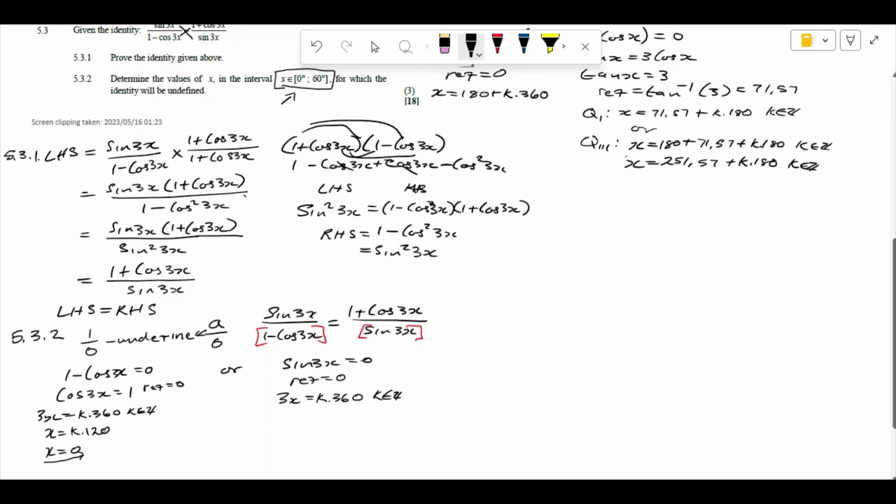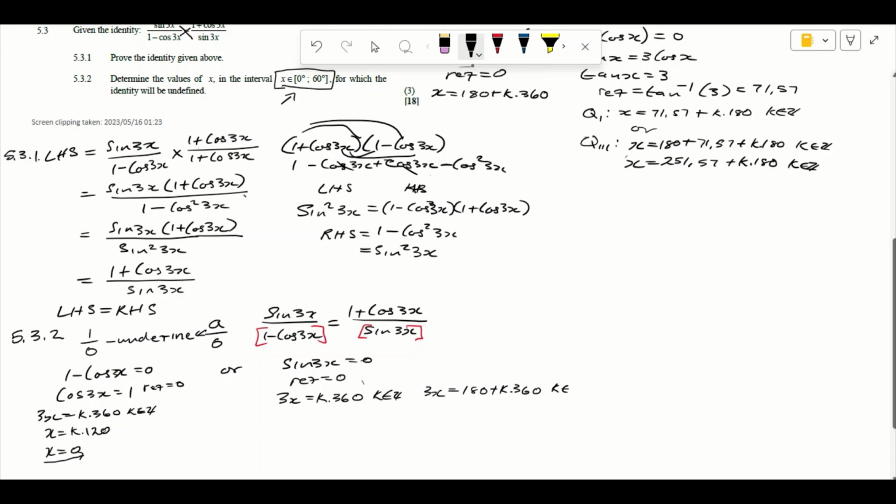That is the first quadrant where sine is positive, right? The second one is where 3x is equal to 180 minus 0 plus k times 360, where k is an element of integers.